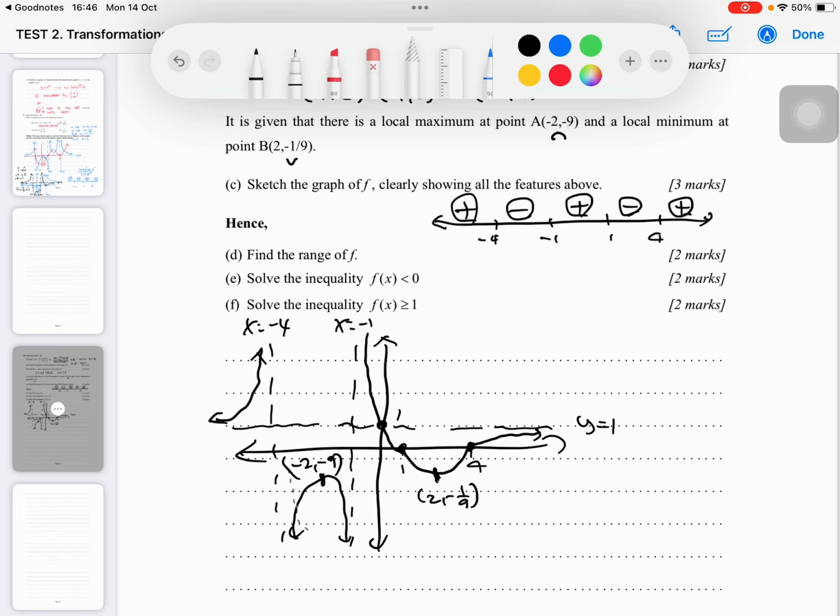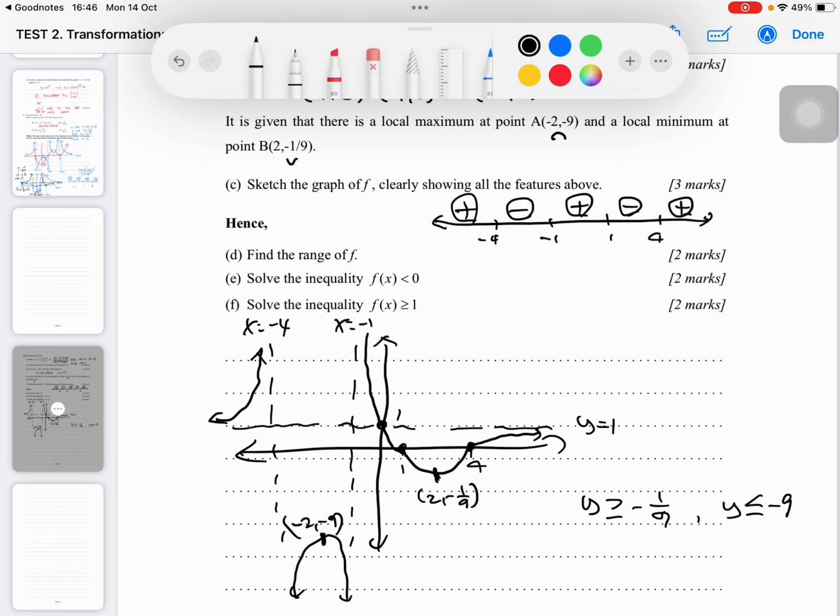Let me move this downwards, like this. So let's find the range. Y is larger than or equal to -1/9, or y is smaller than or equal to -9.